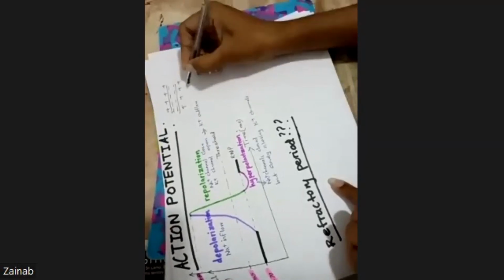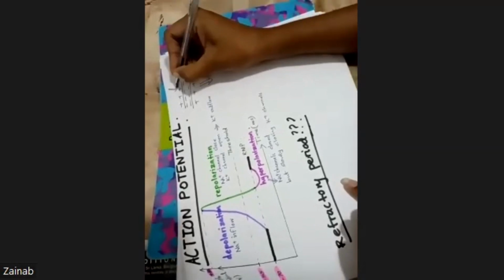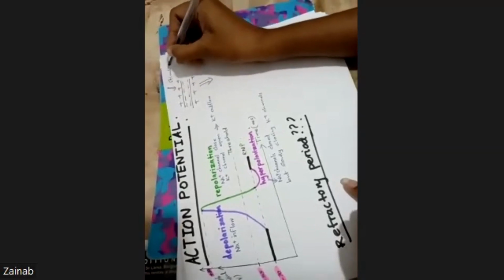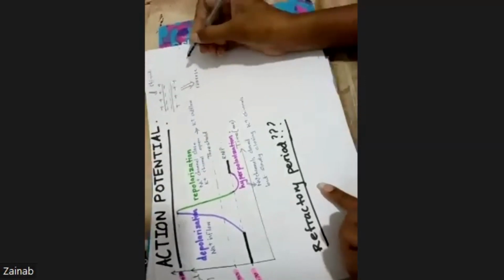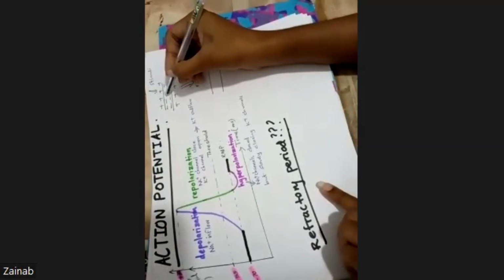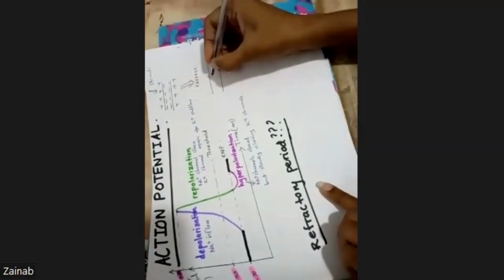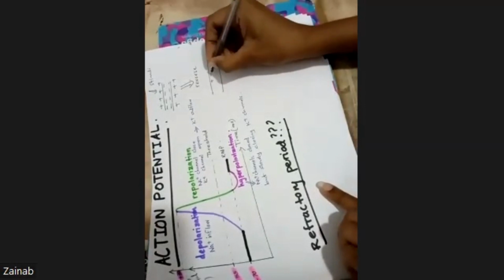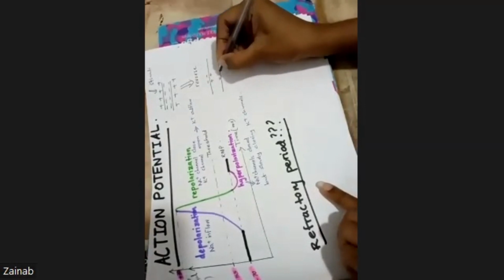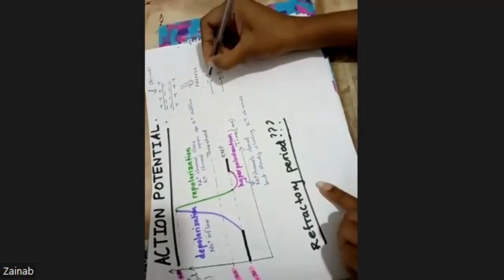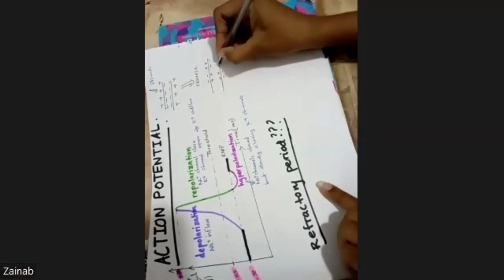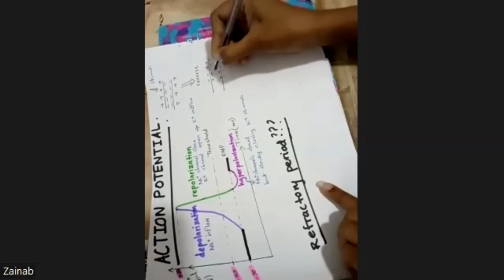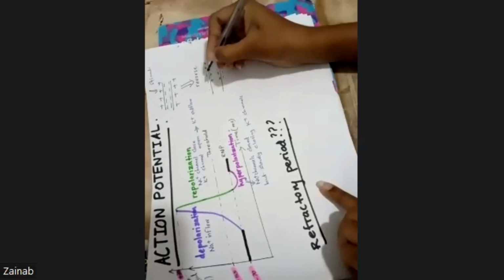So when a stimulus approaches this neuron, it becomes reverse. What do you mean by reverse? Inside you have negatively charged ions. Now it becomes reverse, meaning inside you have a positive region, only for this region. So this is what happens in the action potential.